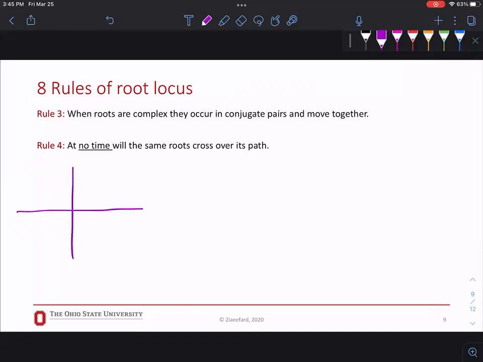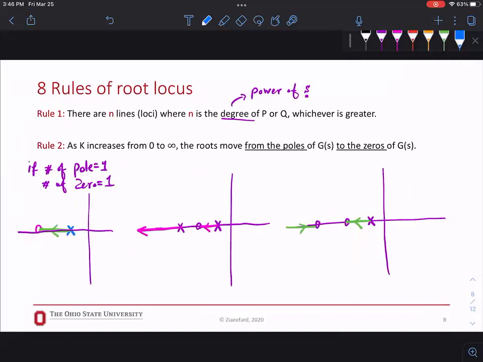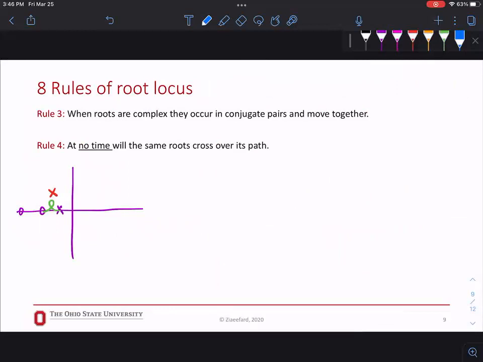Let's say this was your pole to 0. This never happens. As you saw in the previous page, it goes on a straight line. It does not cross over itself. Okay. And this guy is in infinity.